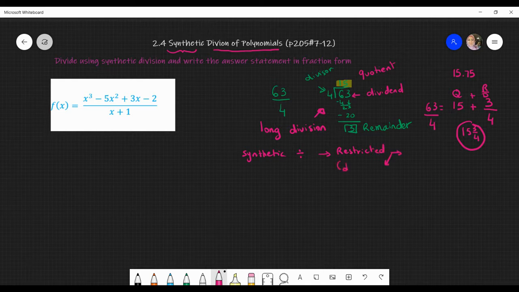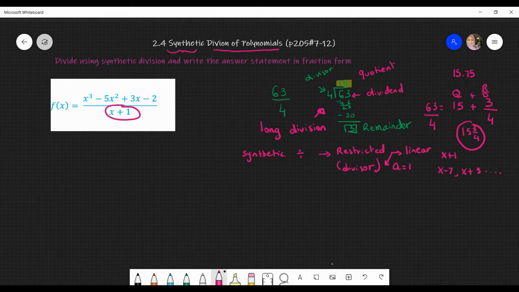Our divisor has to be linear. So what I'm dividing by has to be linear. For example, here we are dividing by x plus 1. So that's okay. I cannot divide by x squared plus 1. x squared plus 1 would require a long division. Also, the divisor has to have a equal to 1, for example, like x minus 7, x plus 3, and so on.